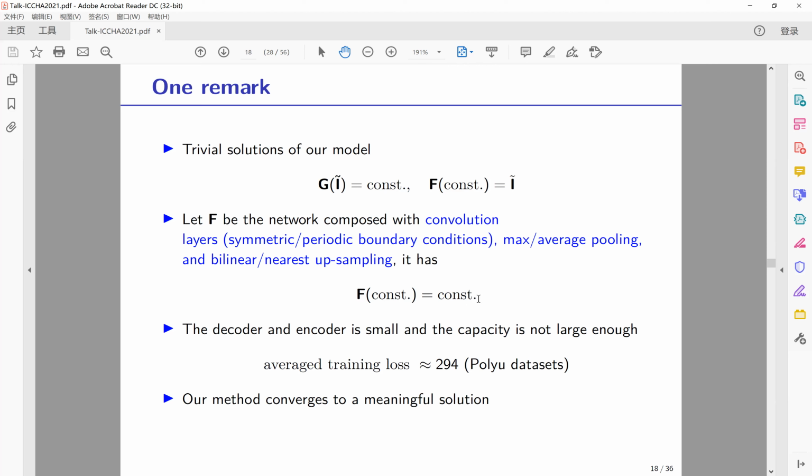So we do not have the overfitting issue in this sense. And numerically, we can test that our average training loss is not equal to 0, which means it is always bigger than 0. So we can expect that our model can converge to some meaningful solution.